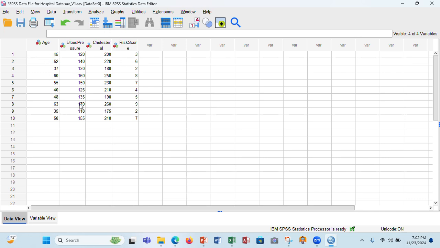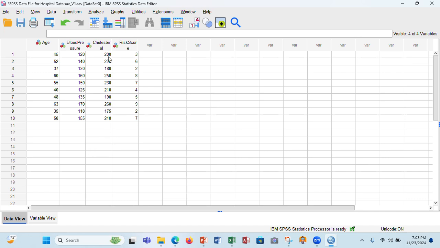Then we can type our data in each of the rows and columns, or if data is already available in a spreadsheet, you can copy it and paste it accordingly. Entering it very precisely is key, because validity and reliability of data has got to be maintained as data quality control measures in research.